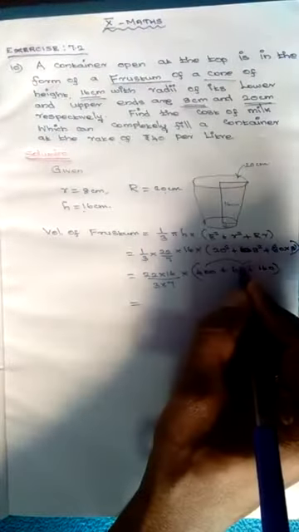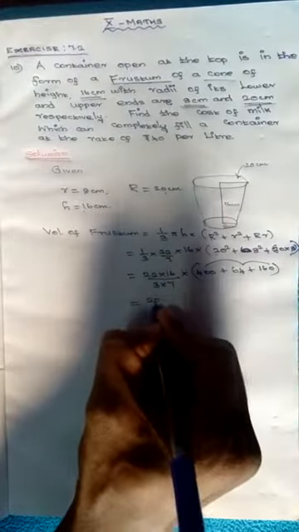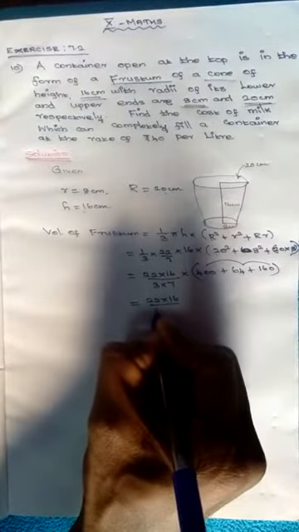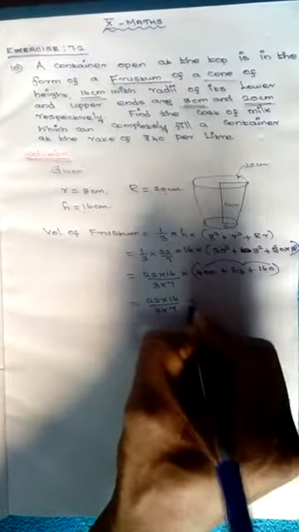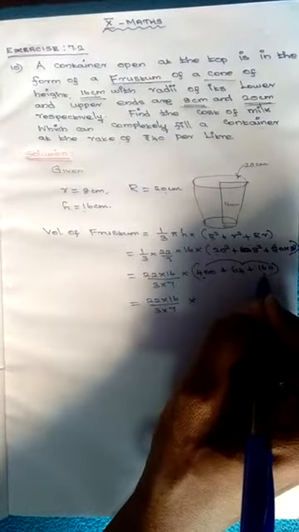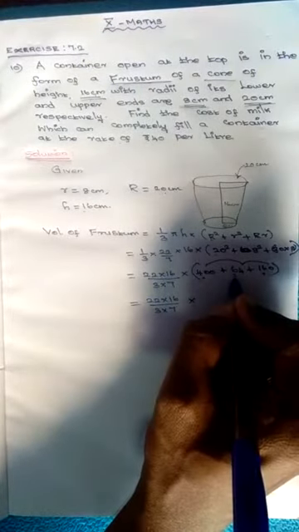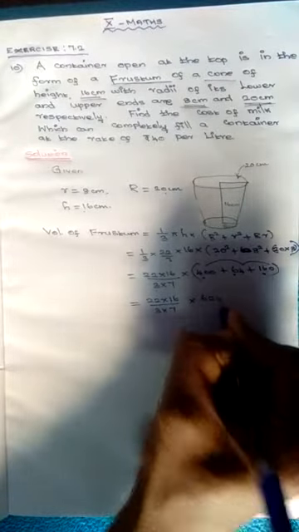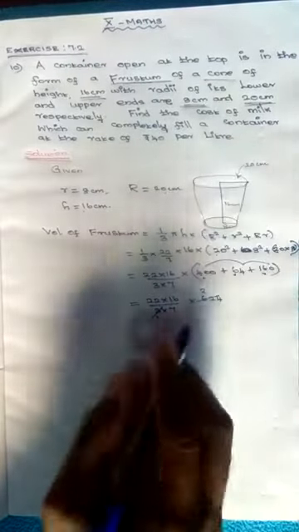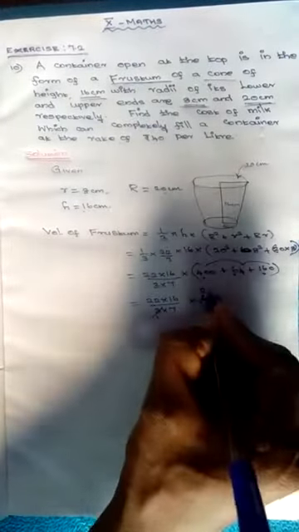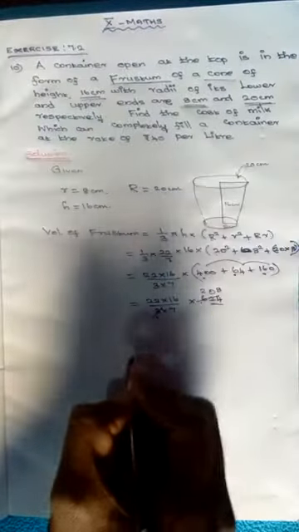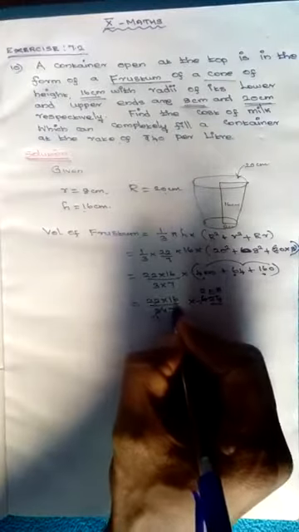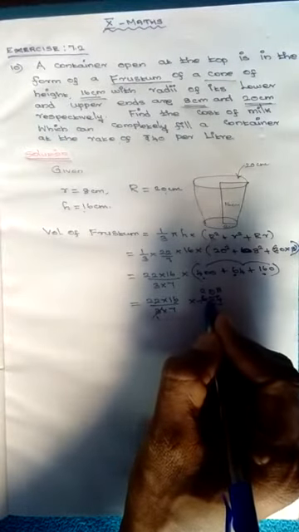Next add the three values: 400 plus 160 is 560, plus 64, so 624. Cancel the common factor: 3 ones are 3, 3 twos are 6, and 3 eights are 24, so 208. So multiply 22 into 16 into 208.